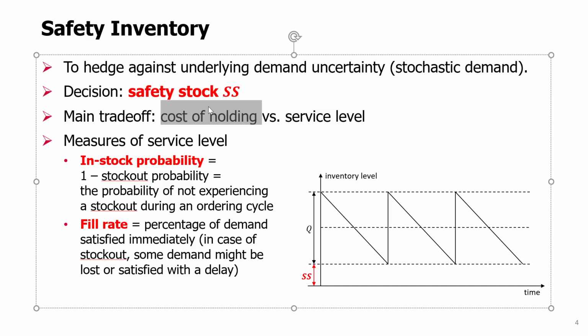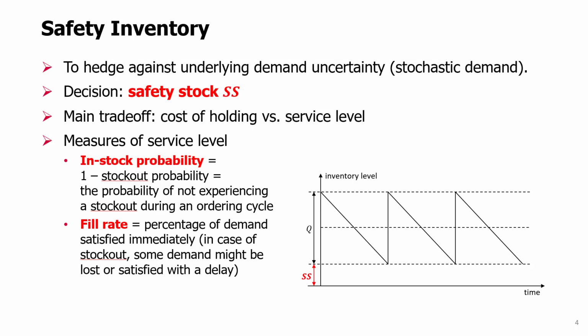So the balancing here is between the cost of holding and the service level, right? If you have a stock out, then that's something that is perceived negatively by customers. And so we will have certain service levels that we can define, and two typical service levels in inventory management are in-stock probability, which basically says the probability of not having a stock out.